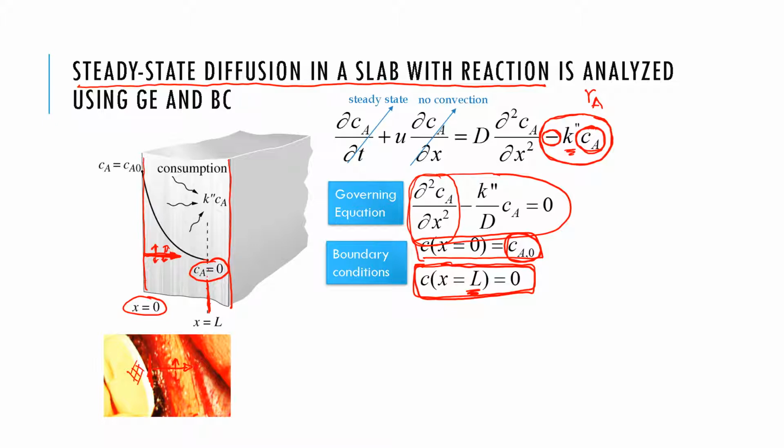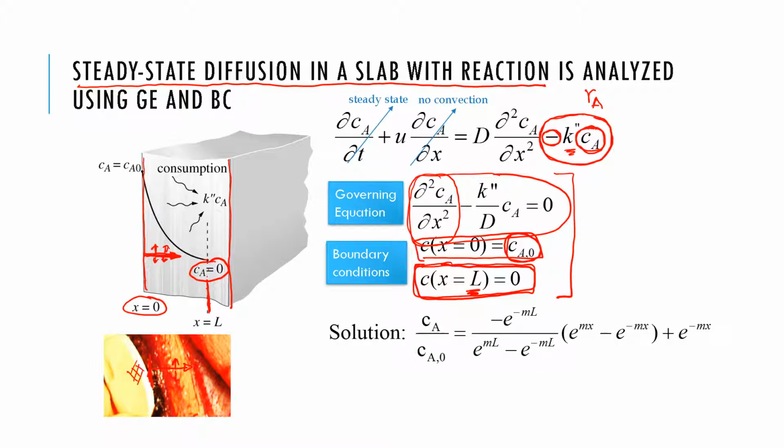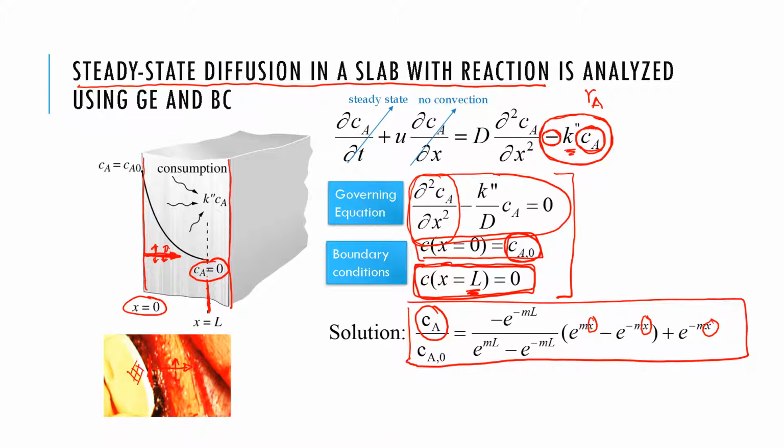Now the solution to this governing equation and boundary conditions is done in any standard textbook on transport processes, and we're not going to go through the detailed solution. Instead, I just provide you with the solution. So it says concentration as a function of position x. This is my solution to the above governing equation and boundary conditions.